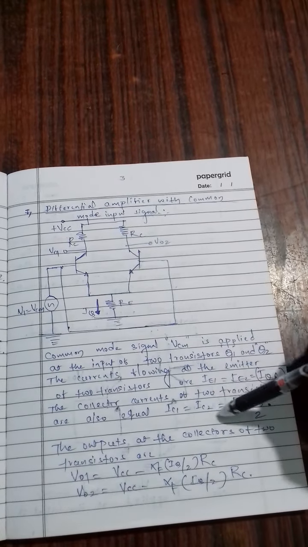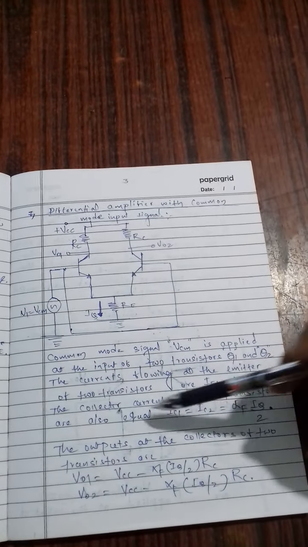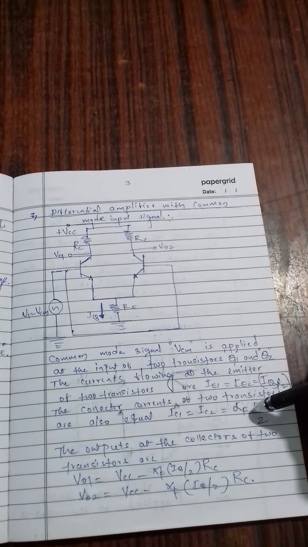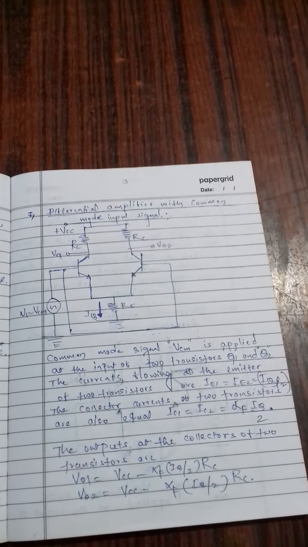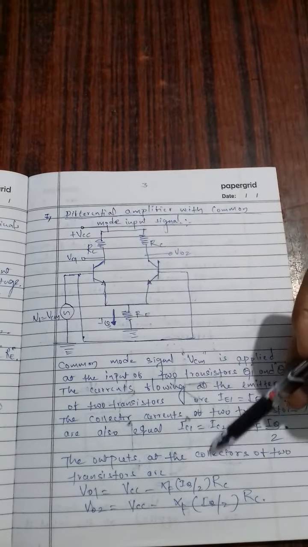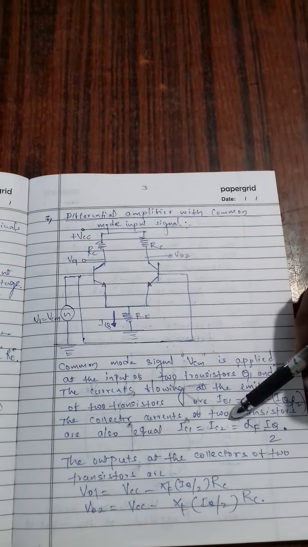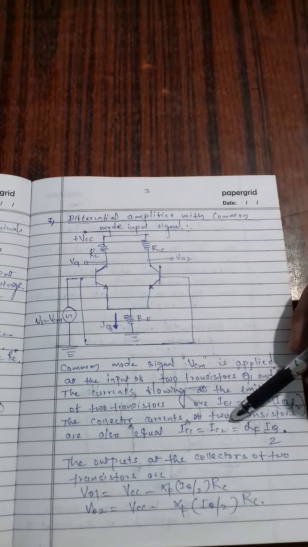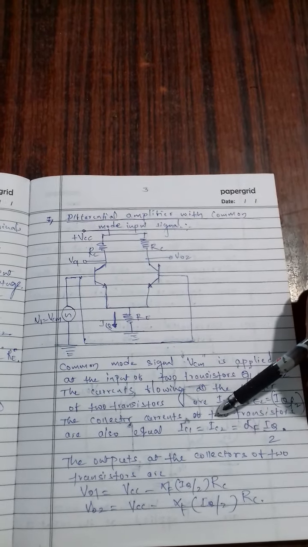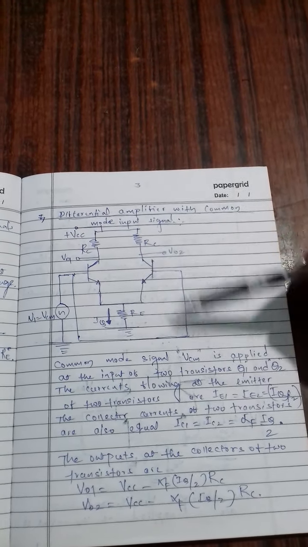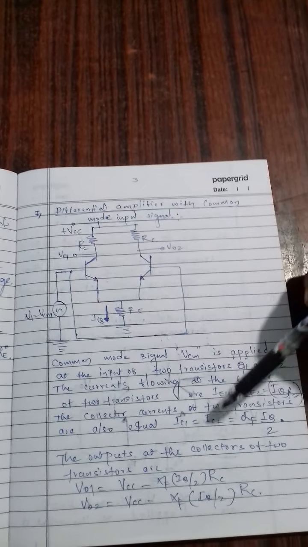That is the current IQ flowing at the emitters of the two transistors. The collector currents of the two transistors are also equal: IC1 equal to IC2 equal to alpha F IQ upon 2, because you know that alpha is the common base current gain.